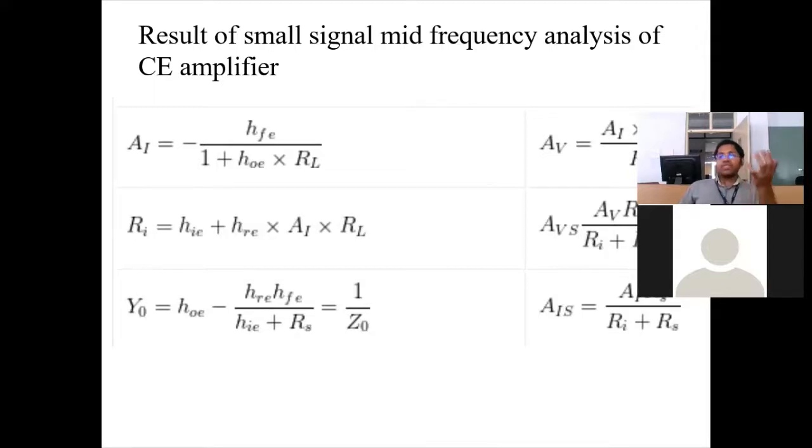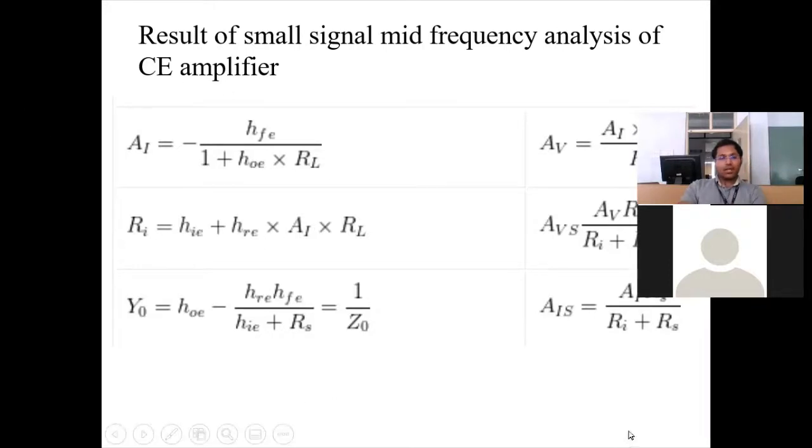If it is a problem, you will have values. After analyzing and deriving, simply put in the values and you get the expression for whatever is asked. If the question asks for AI, you will derive, put the values, and you will get it. Very easy, provided you have sufficient practice.